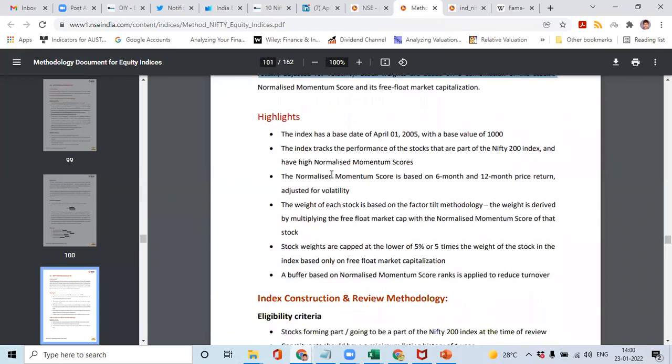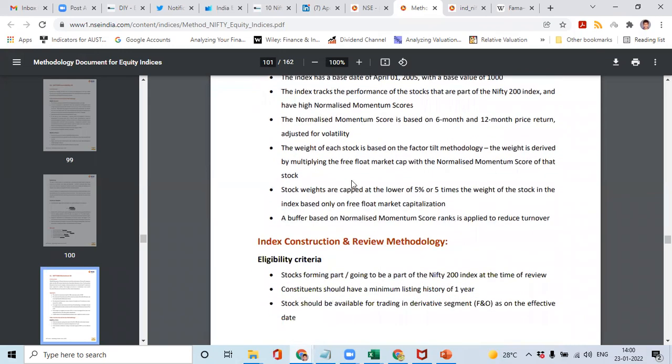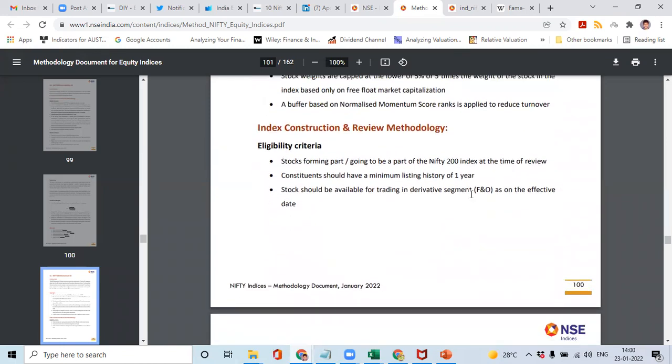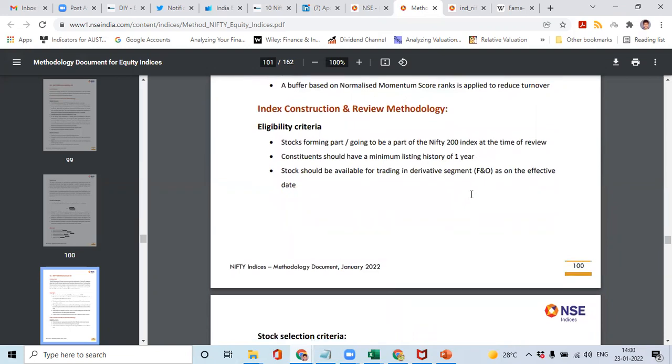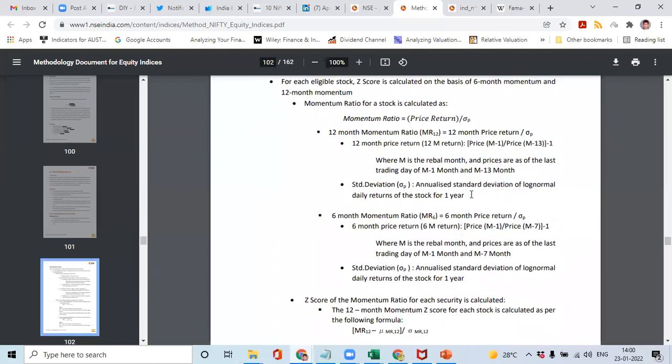The index has a base value of 1000 at 2500. Right now, whatever it is, those are the returns. Stocks are capped at the lower of 5% or 5 times the weight. That's your max weight that you can give to a stock. And this is the step-by-step procedure to do that.